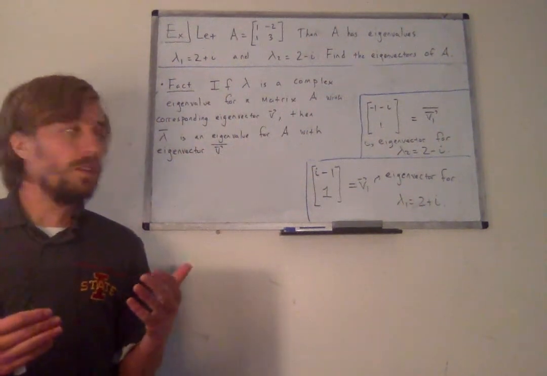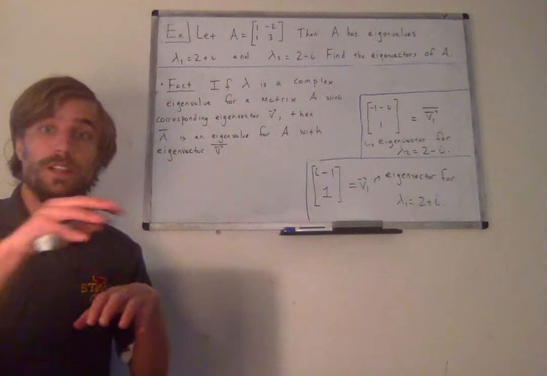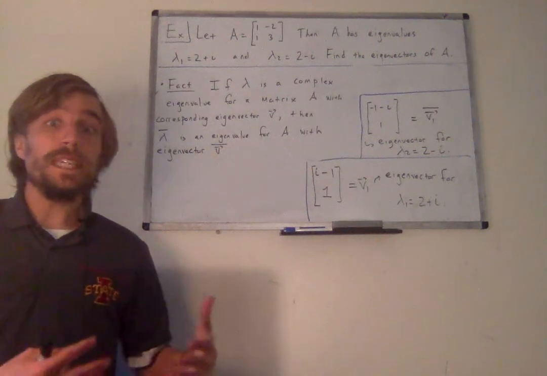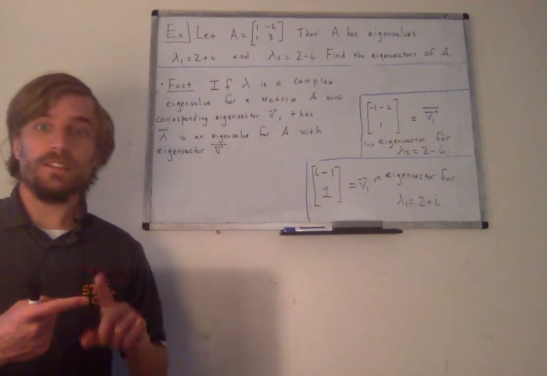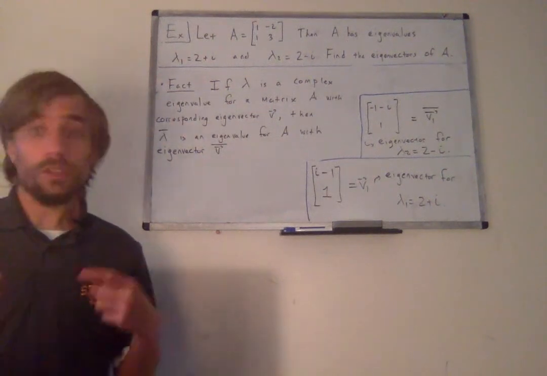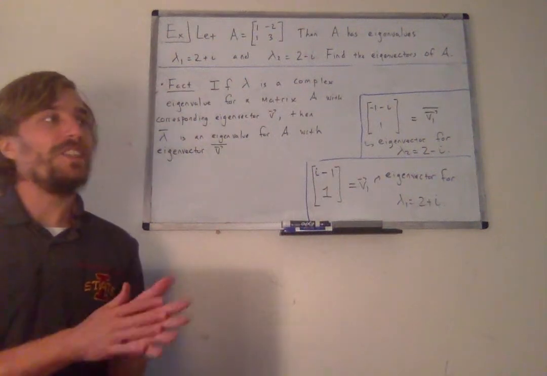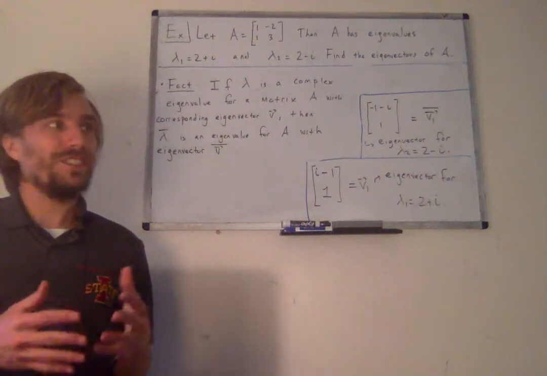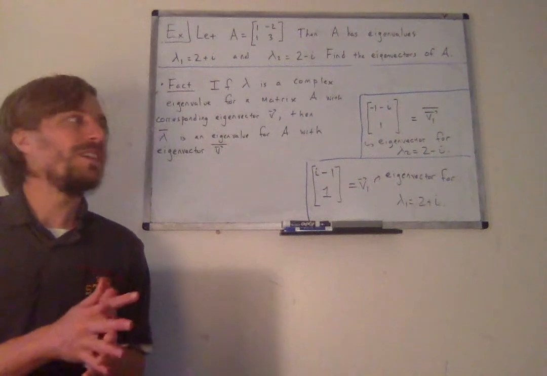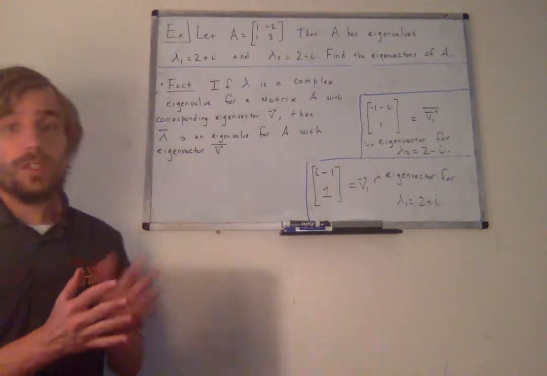On top of that, if I've got my complex eigenvalue and an eigenvector, I immediately know how to not only find the other eigenvector, but also the eigenvalue. They're just always conjugates of each other, which is just so crazy. It's like one of those things that seems like a crazy coincidence. But yeah, that's the case.